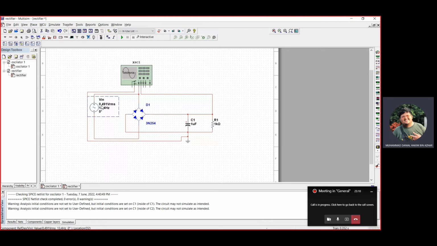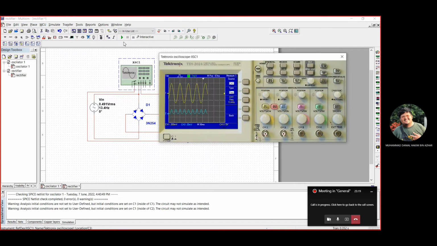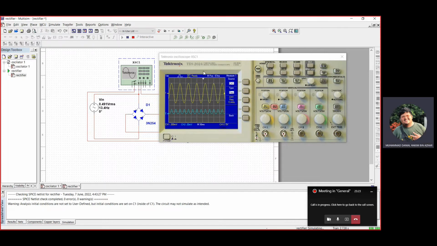The VRMS is 0.491 VRMS, and I will run it. As you can see, I get the result like this, and that's all from me.